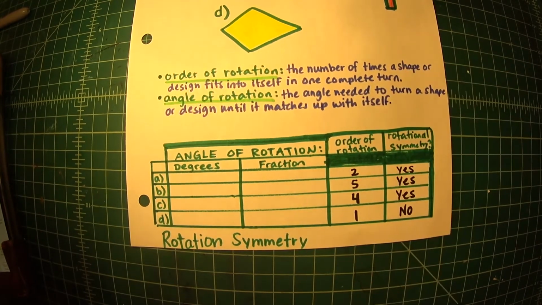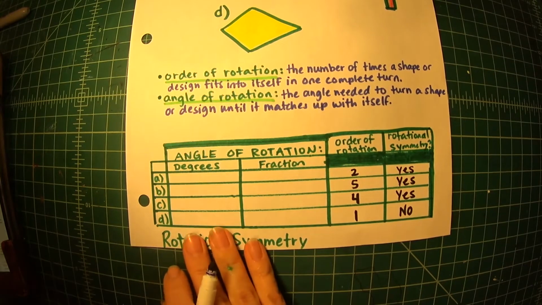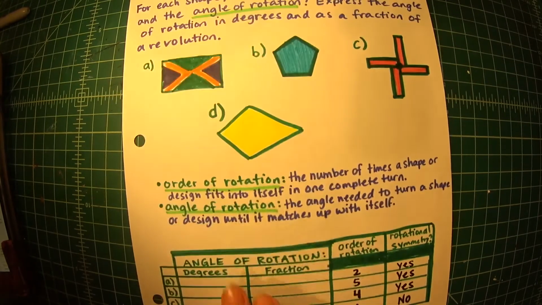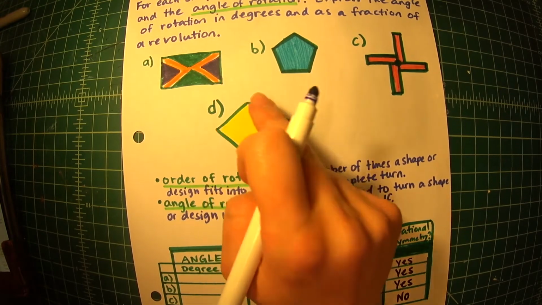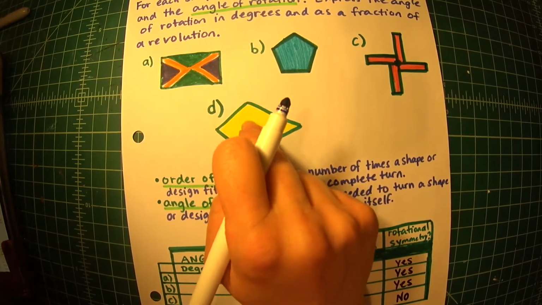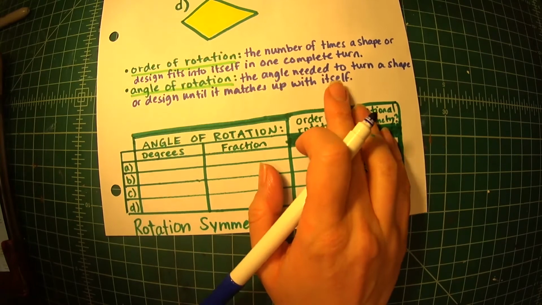So how many degrees did I have to turn it before it matched up with itself? So that last one, I had to turn it a full turn before it matched up with itself. So that's an easy one. That's 360 degrees that I had to turn it before it matched up.